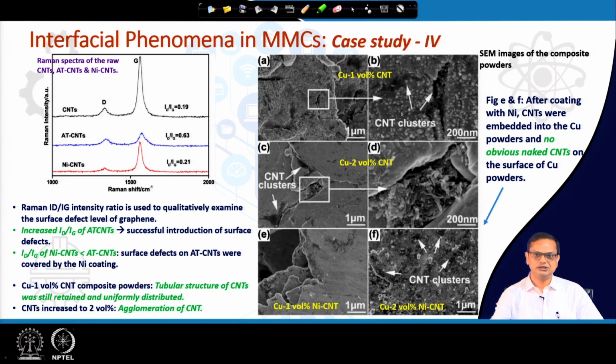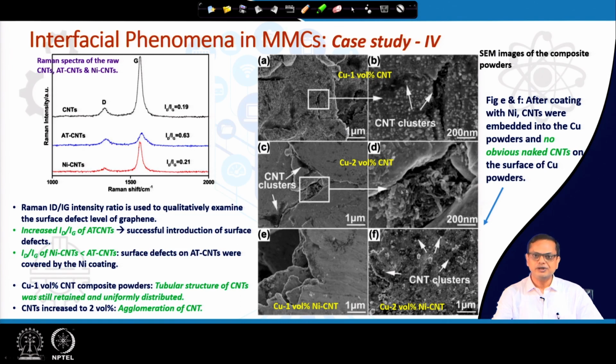The moment you increase to 2 volume percent, because of the higher volume percent of CNT, there is a lot more agglomeration. Even though these are functionalized, 2 volume percent CNT is still quite a high amount to get rid of the agglomeration problem. So, you can see in between the copper particles, the carbon nanotubes get agglomerated.